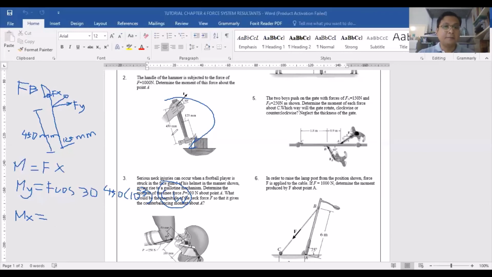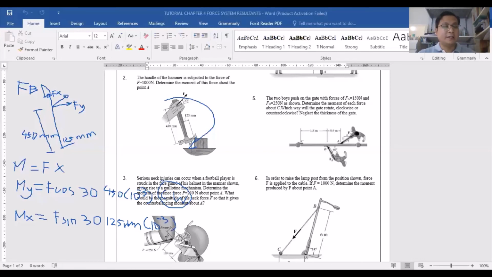Okay, now back to the second moment, which is in x. So x is F sine 30 times the distance 100 times 10 to the negative 3.